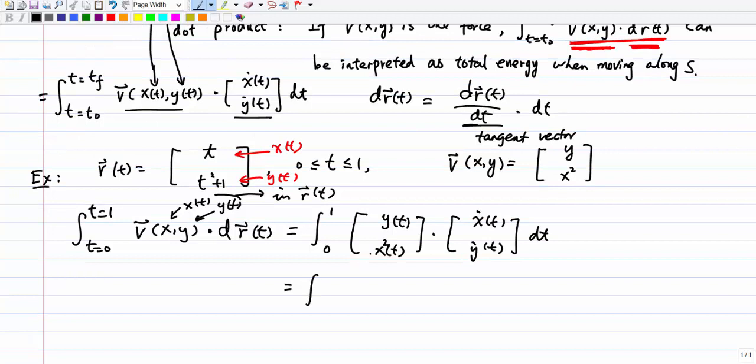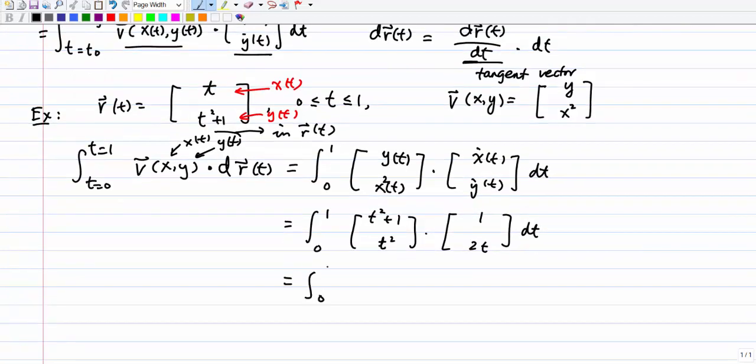Now just replace by the actual functions of x(t) and y(t). y(t) is t squared plus 1 and x(t) is t, so x squared is t squared, times x dot t. Since x(t) is t, x dot t is 1. And y dot t is the derivative of t squared plus 1 over t, which is 2t, times dt.